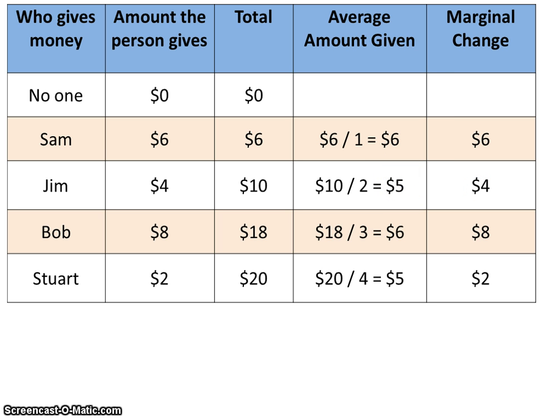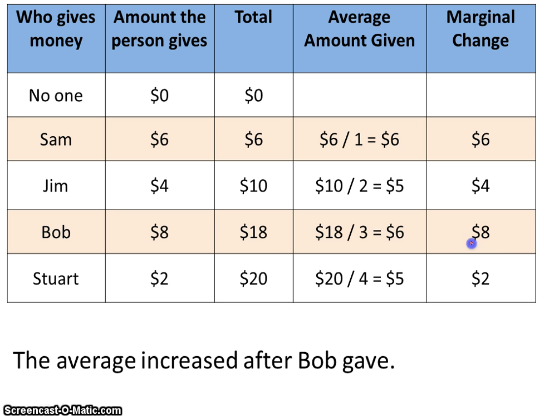On the other hand, notice that when Bob gave his $8, the average actually increased from $5 up to $6. The reason is exactly the same. Bob's marginal contribution of $8 is greater than the average of $5. That means the average is going to go up.